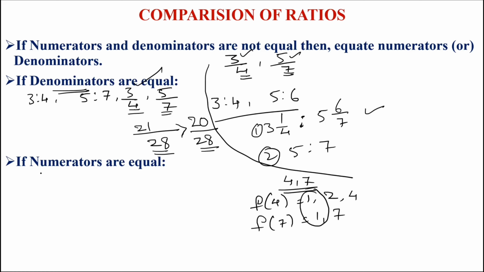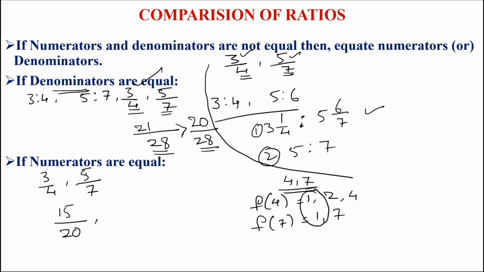If you take the same example, 3 by 4 and 5 by 7, and I want to equate the numerators, take the LCM of the numerators. 3 and 5 give 15, as they are co-prime numbers, with HCF 1. So the numerator will be 15. 3 how many times? 5 times. 5 fours are 20.